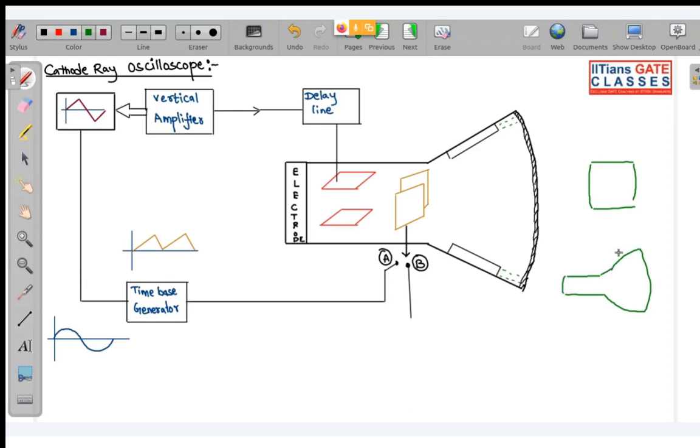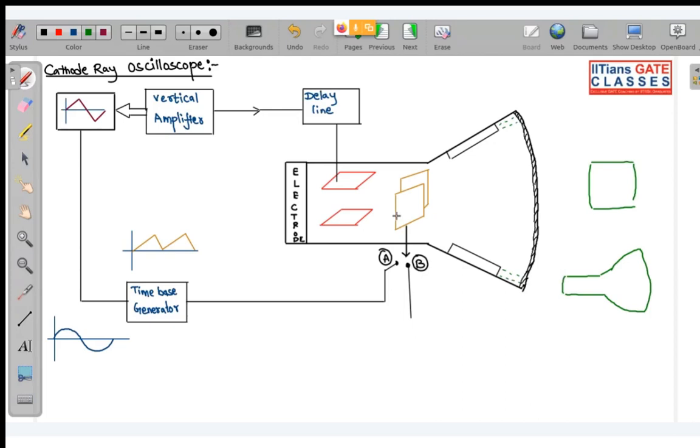This used to be the shape of a TV. Nowadays we have LED and LCD TVs, but about 20 years ago, this was the bulky television set, and in that also this cathode ray tube was used.